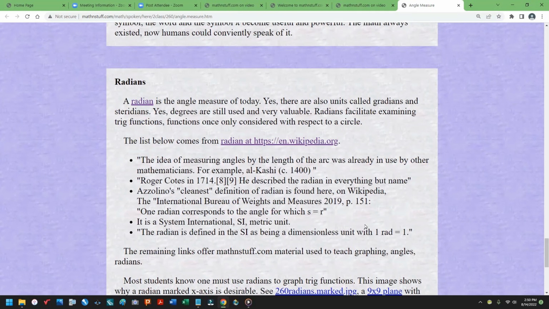When I grew up, we called it System International, the metric system. It defines a radian as 1 radian corresponds to the angle for which the arc length and radius of a circle are equal. Radian is defined as being dimensionless. That means you don't have to put a unit symbol next to it.